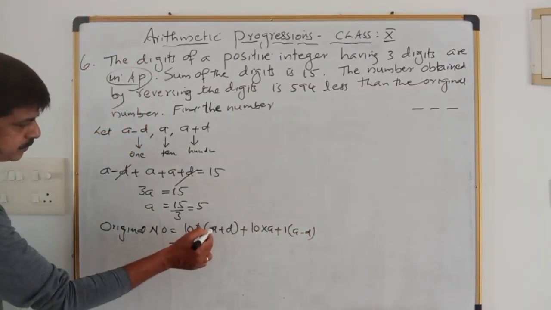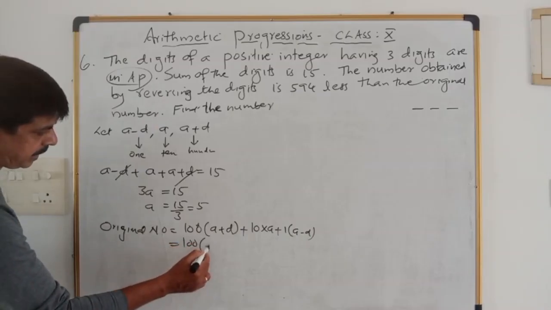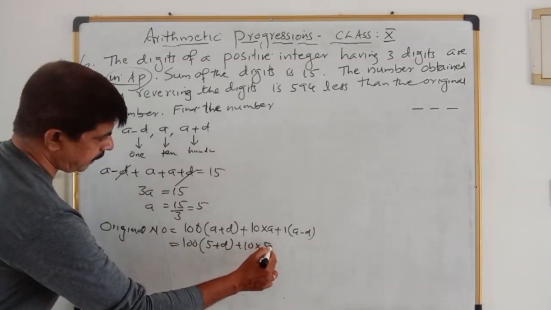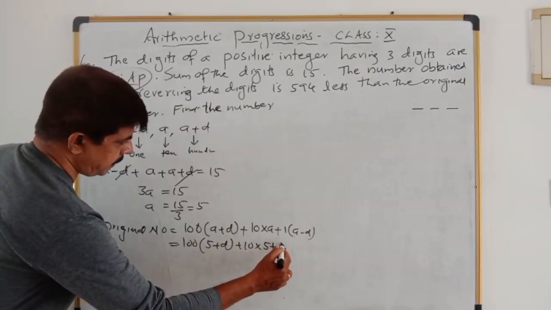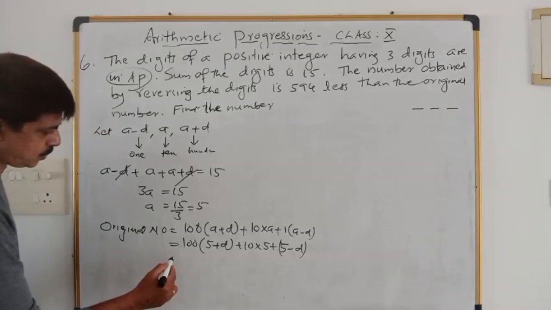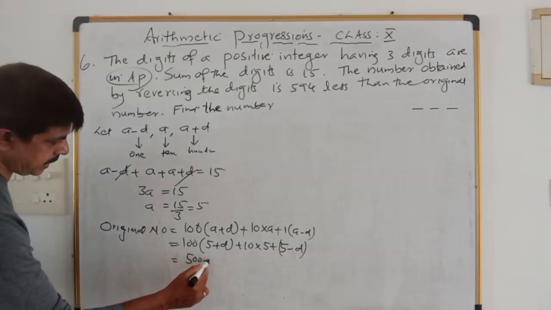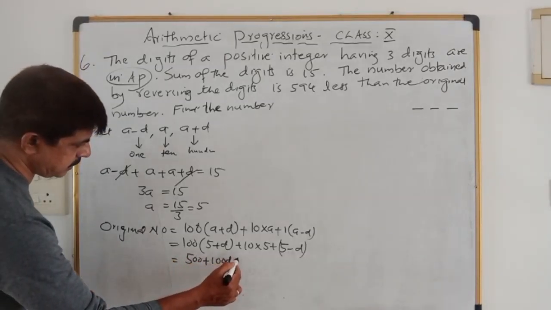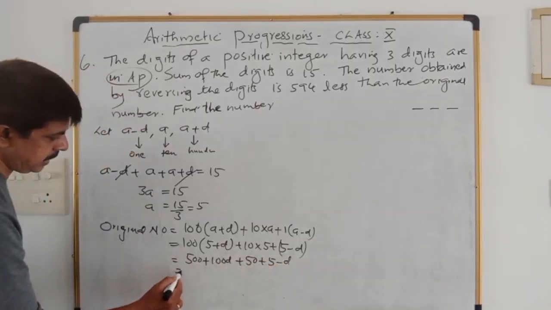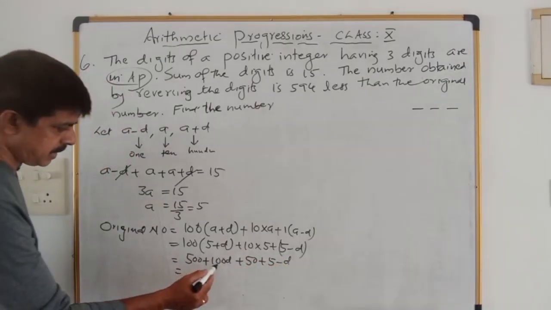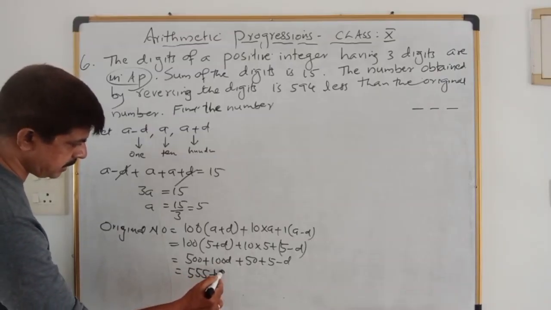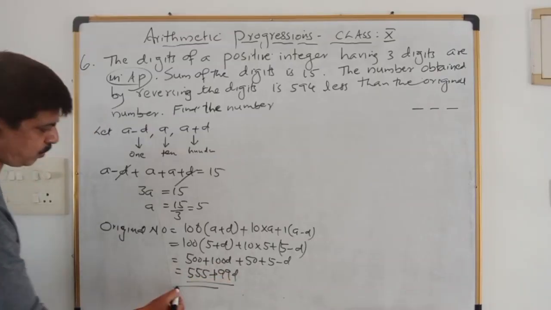Now we can substitute a by 5. So 500 plus 100d plus 50 plus 5 minus d. Combining like terms, 555 plus 99d. This is the original number.